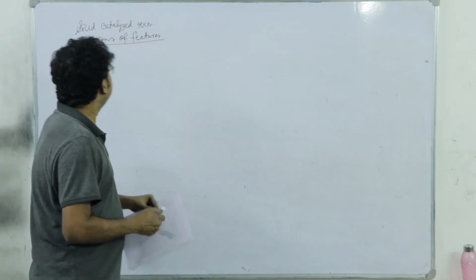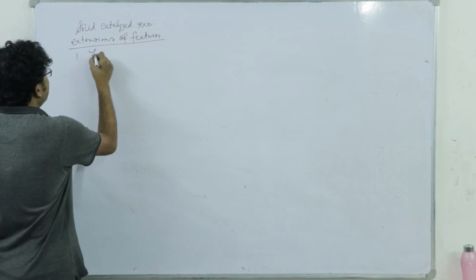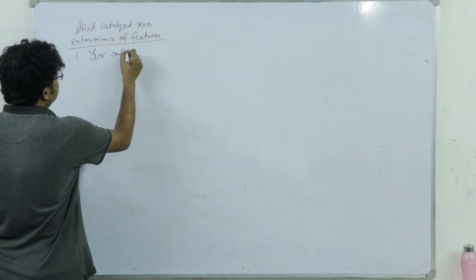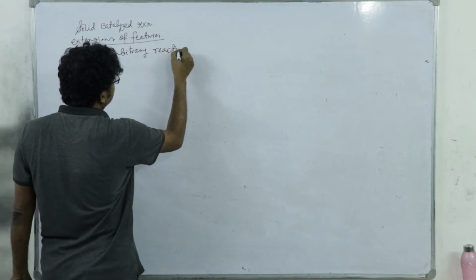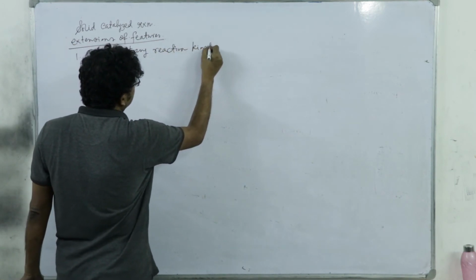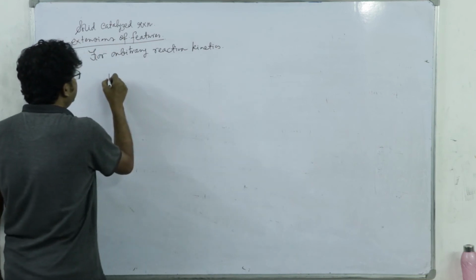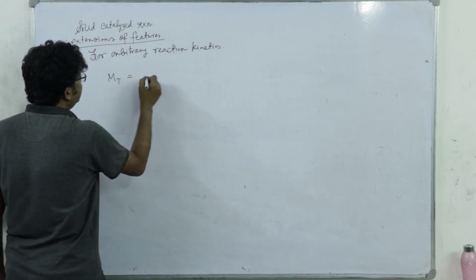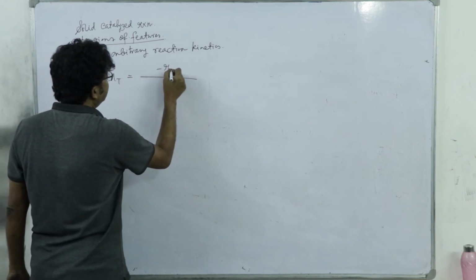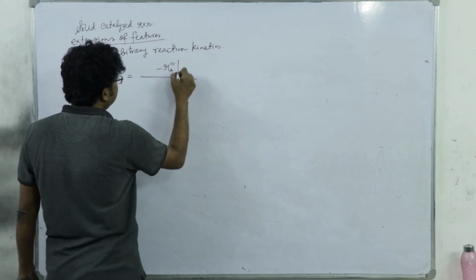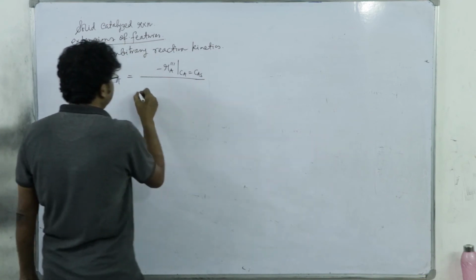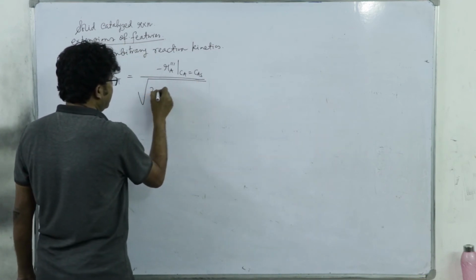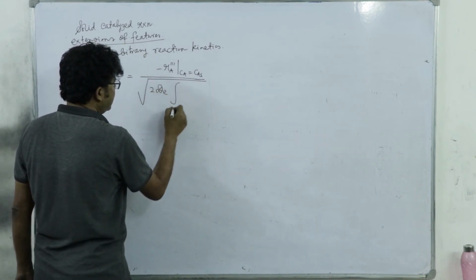Next, for arbitrary reaction kinetics, Mt is equal to minus Ra triple prime at Ca equal to Cas, divided by the square root of the integral from Cae to Cas of minus Ra triple prime dCa, into L. This can be proved, but I am not going for the proof.